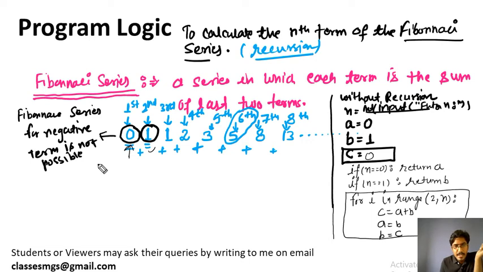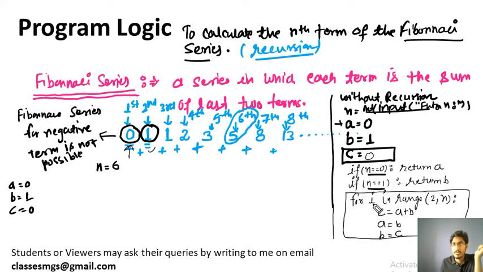Let's suppose the user has entered n equals 6. Then what will happen? In this program, a will be 0, b will be 1, because this is outside the loop, and c will be 0. Now n equal to 0, no. n equal to 1, no, because the n value is 6.